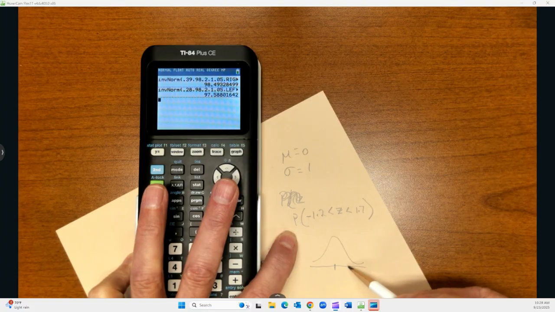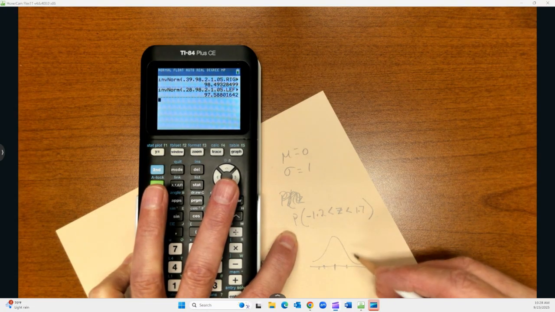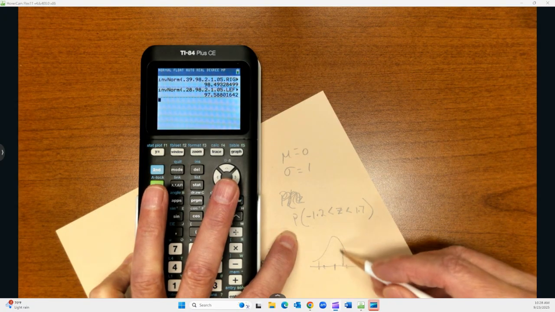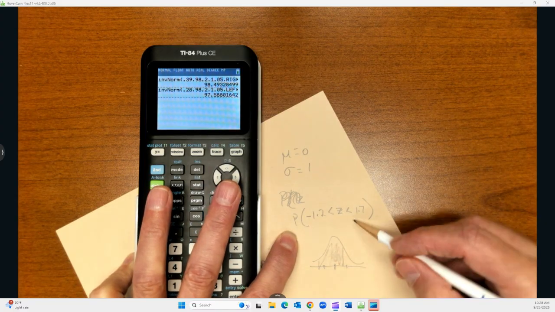If this is 0 and this is 1 and this is negative 1, we're going from about right here to about right here, 1.7. So we're finding a pretty significant area, so it should come in pretty large.